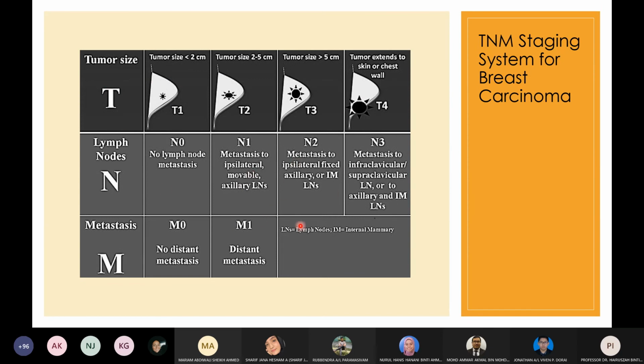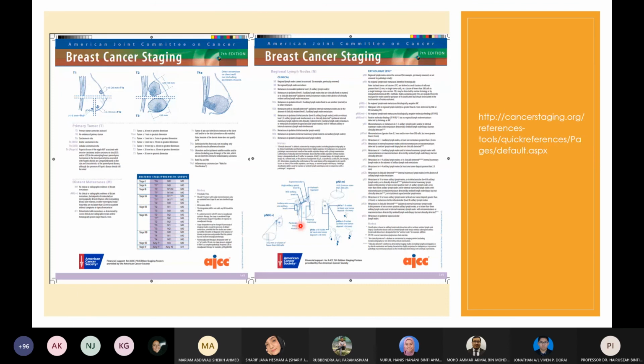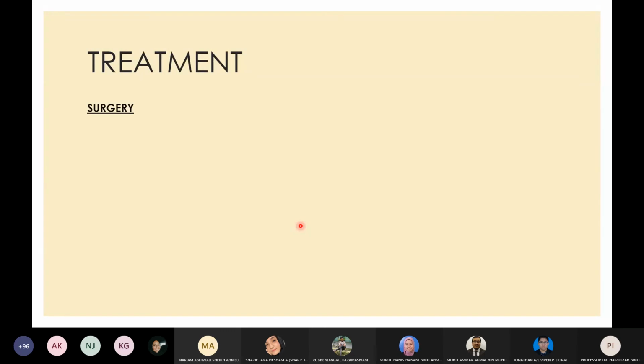I can go back and read about this. This is another classification by AJCC, basically looking at tumor, node, and metastasis. AJCC is the American Joint Committee on Cancer. So they've got their own classification, which is actually very similar.